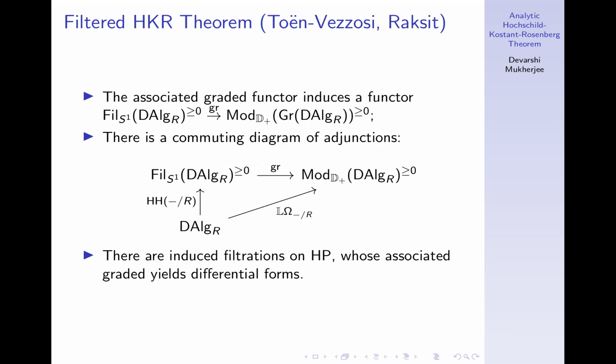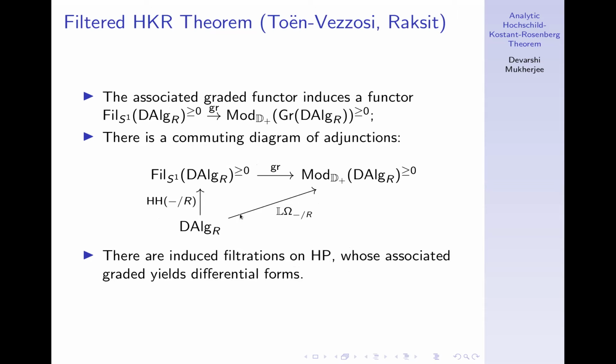Okay, and then to kind of summarize this, this associated graded functor induces a functor on these two categories that I talked about. And then, the actual HKR theorem, this very generalized HKR theorem, states that there is a commuting diagram of adjunctions.